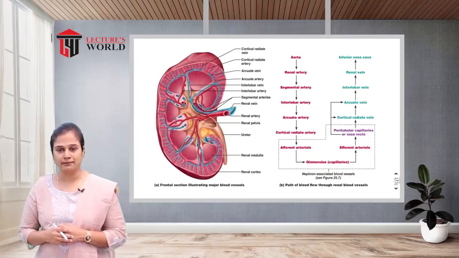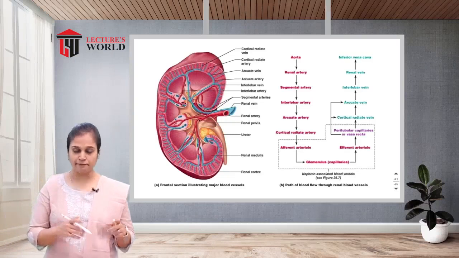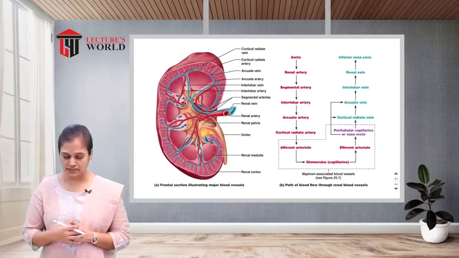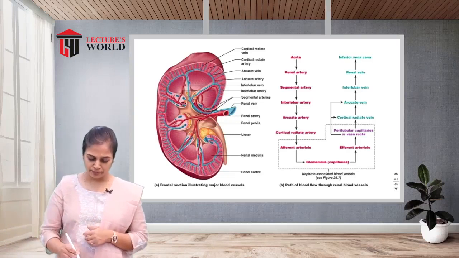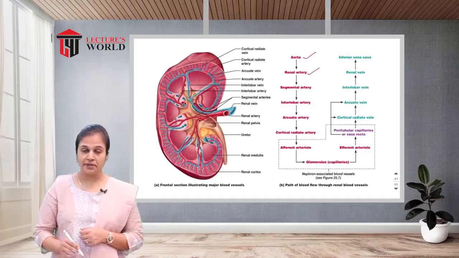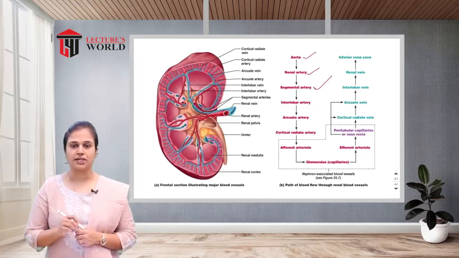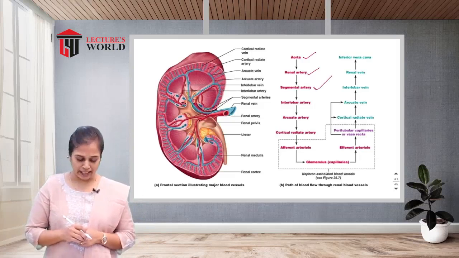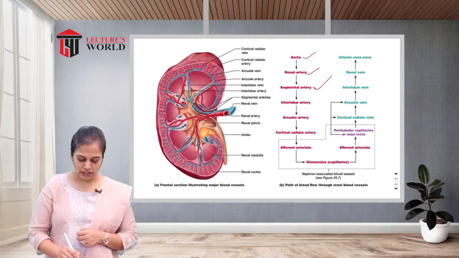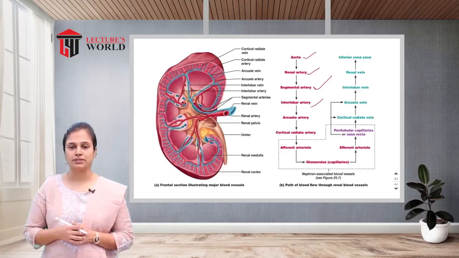In blood supply, we will see from where the kidney receives blood and in which vein it drains the blood. From the aorta, blood comes into the renal artery. The renal artery branches into the segmental artery, and from the segmental artery it goes into the interlobar artery.